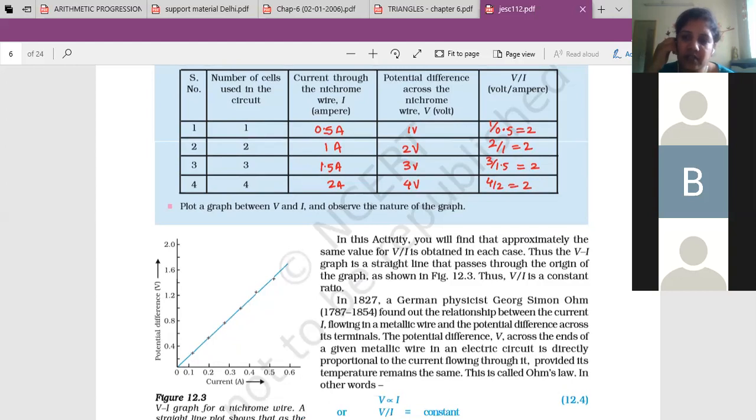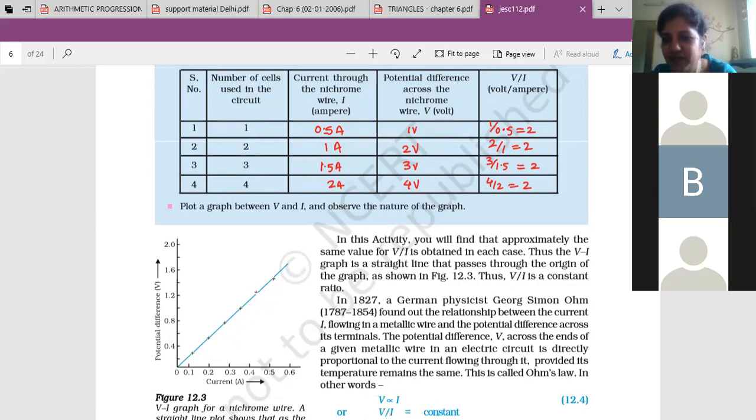So what does this straight line mean? Resistance is constant. What do you mean by a graph being shown by a straight line? Both are directly proportional to each other.